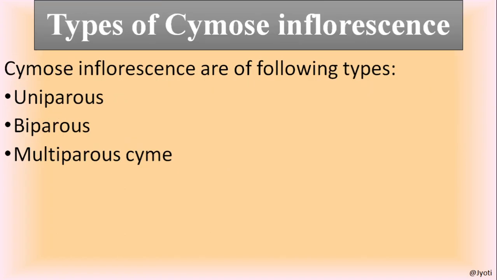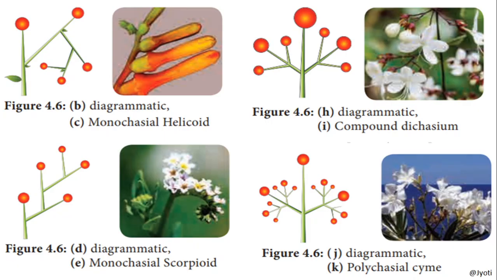Again, the cymose inflorescences are of three types: uniparous, biparous, and multiparous cyme. So let me explain the different types of cymose inflorescence. So this is your monochasial or uniparous cyme. Here you can see this is the peduncle, the main axis, that is terminated with a flower.